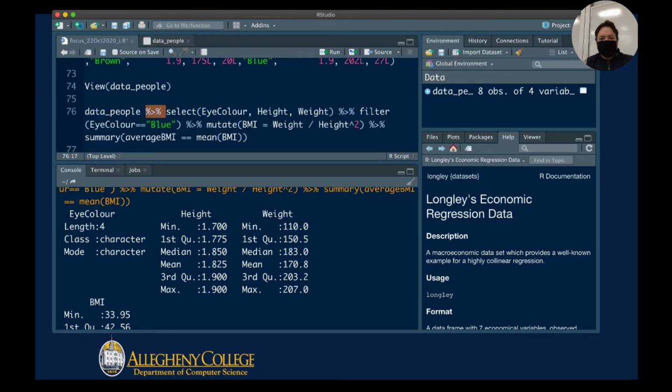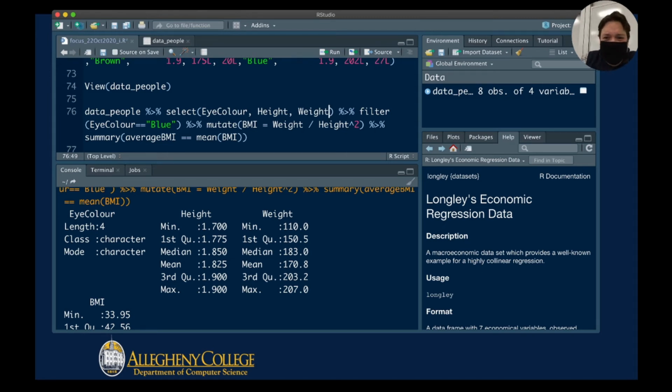Now these, remember what those are? It's like you're piping information from one thing to the next. You can think of them in terms of the words "and then". So I'll take people data, which is my table of information, and then I will select the eye color, the height, and the weight. That means just grab those columns.